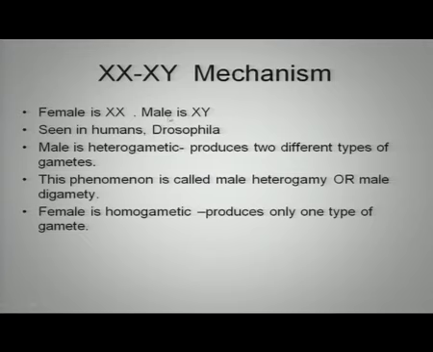When you are observing the male individual here with X and Y chromosomes, it produces two types of gametes, one gamete with autosome and X chromosome, and the other gamete with autosome and Y chromosome. That means males are producing two different types of gametes, hence it is heterogametic.